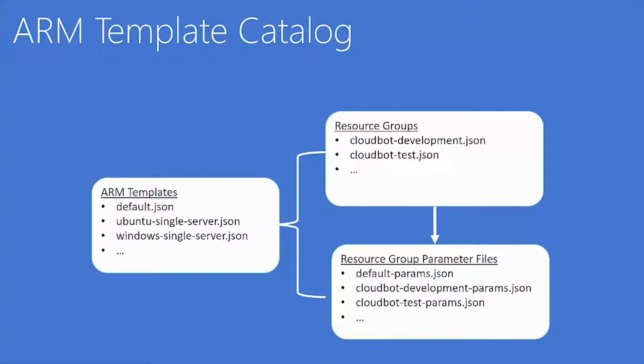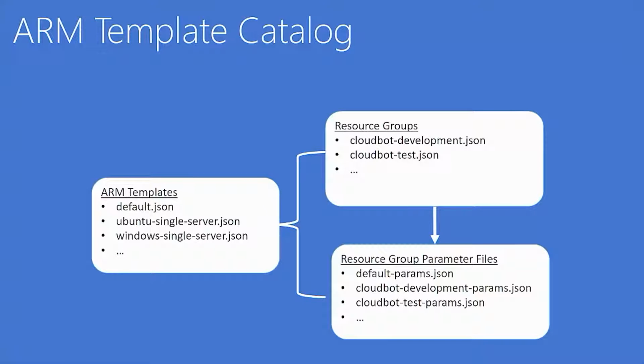So we have a catalog of ARM templates, and we also have a catalog or definitions of resource groups. So everything's in JSON. The resource groups really just provide the location and the name or path to the corresponding parameter file.